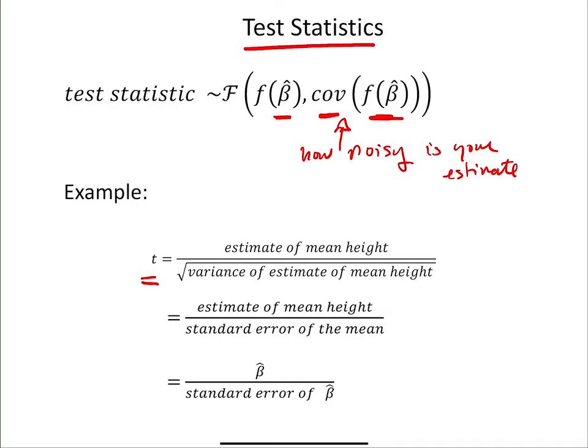It's the standard error of the mean, typically abbreviated SEM. So t-stats are always going to be beta hat over the standard error of beta hat. It's a measure of your estimate divided by the standard deviation of that estimate.